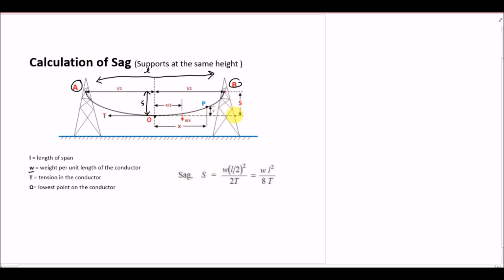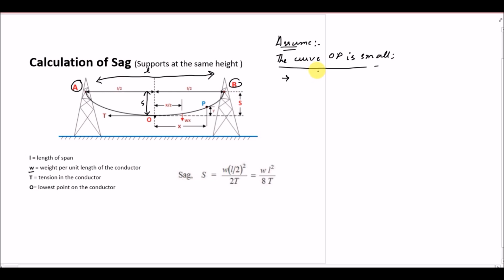So what we actually assume is that the curve OP is small. If this curve OP is small, we can assume that this is actually a straight line.